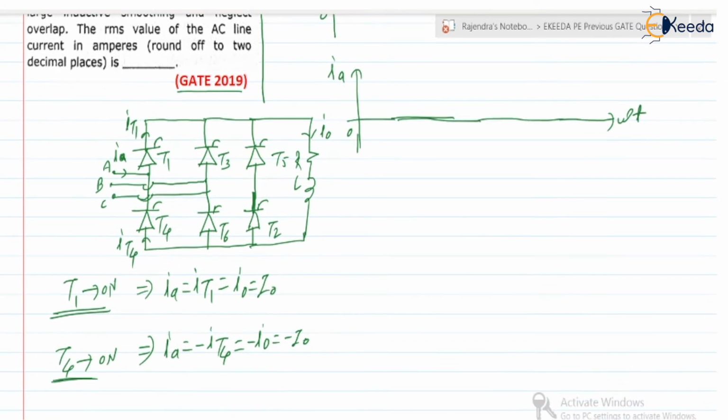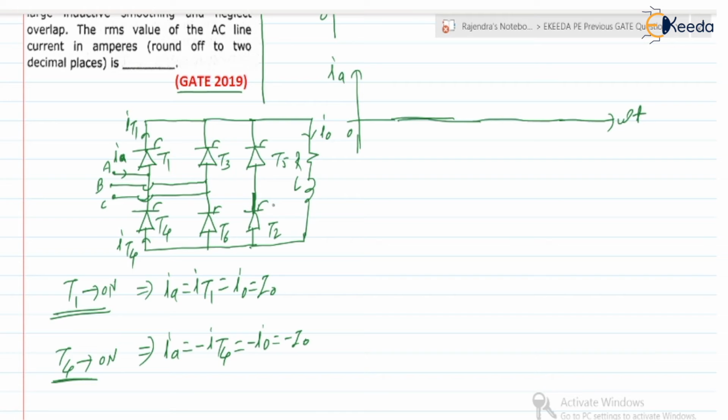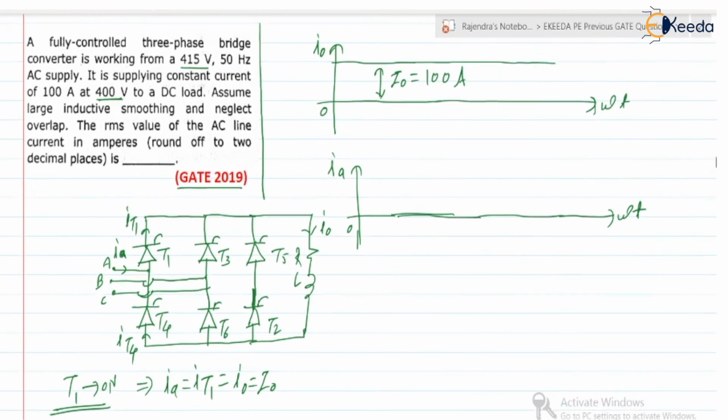So if you recall the circuit operation, for RL load thyristor T1 will be in the on state from omega t equal to pi by 3 plus alpha till 180 plus alpha. Suppose this is pi by 3.